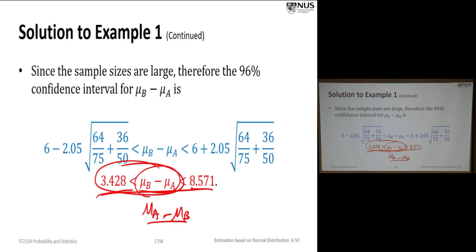This one becomes minus 3.428, right? And why do I have to write it over there? Because once I multiply negative 1, minus 3.428 is bigger than mu A minus mu B. Multiply by minus 1, you have to reverse the inequality. So similarly, this one.